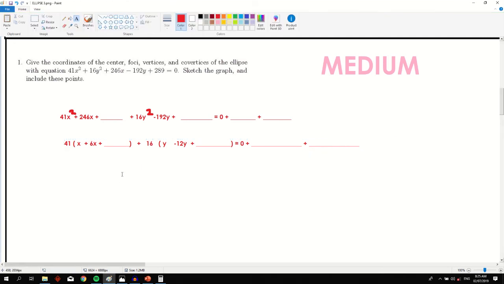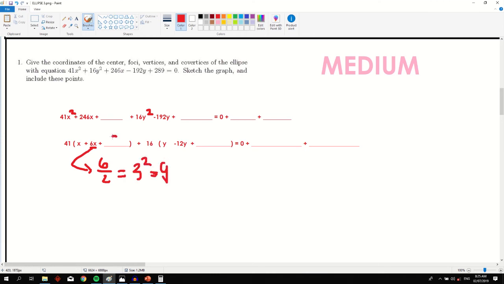Okay, so let's proceed. How do we get the perfect squares? We divide by 2. This one, we divide by 2 is equal to 3, then we square it, which is equal to 9.